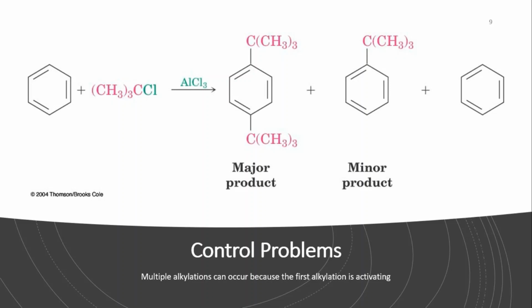That's why you have the major and minor products. Most of the time, if there is a possibility of further product formation, then the reaction will definitely go towards that. This is just like what you have studied about the hydrogenation of alkyne, where you can't stop the hydrogenation at the alkene stage unless you use the Lindlar catalyst, because the hydrogenation will continue till the alkane.